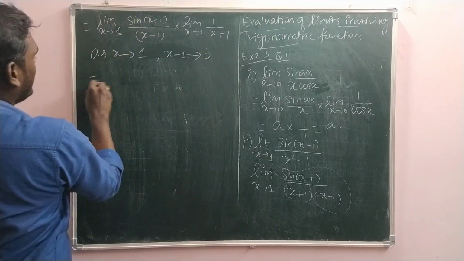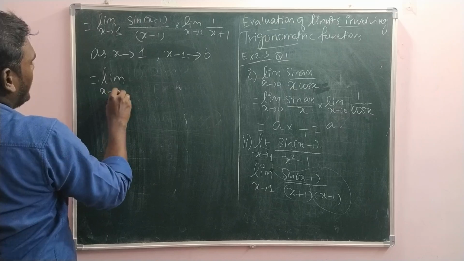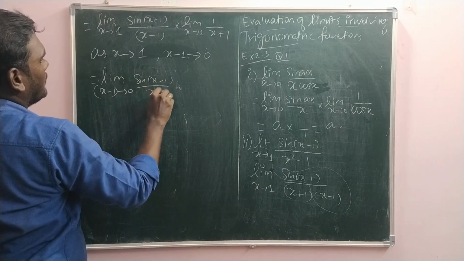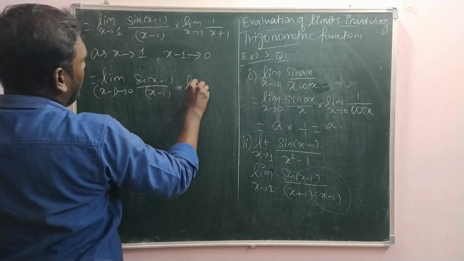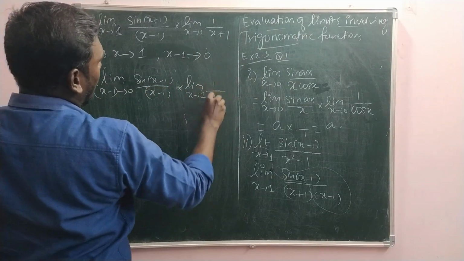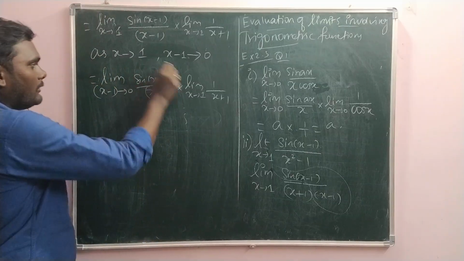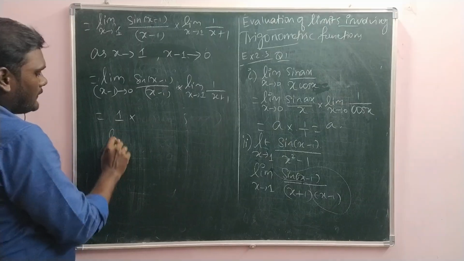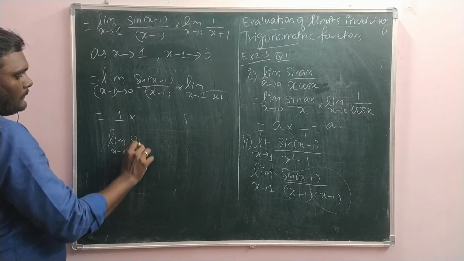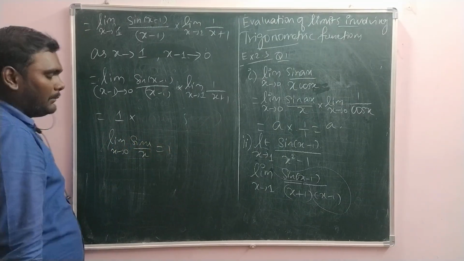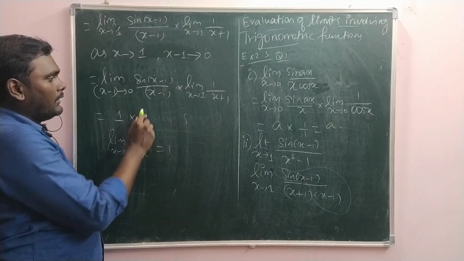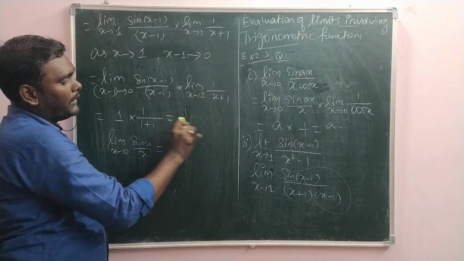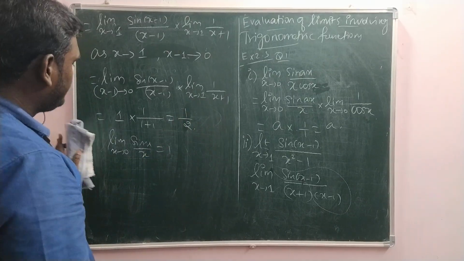So we will redefine the limit: limit x minus 1 tends to 0 of sine of x minus 1 by x minus 1, into limit x tends to 1 of 1 by x plus 1. Now this value is 1, because limit x tends to 0 of sin x by x is 1, but in place of x we have x minus 1. Then here this is 1 plus 1, our final answer is 1 by 2.